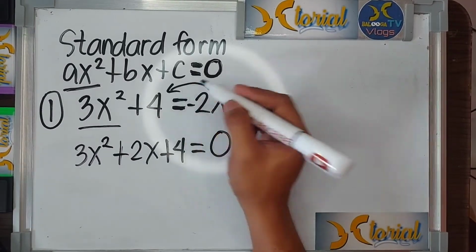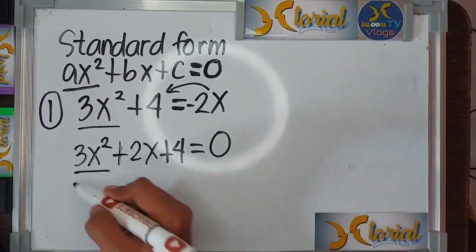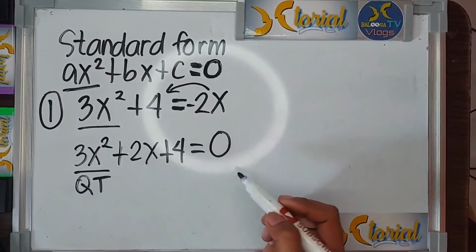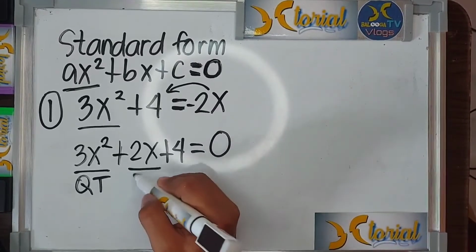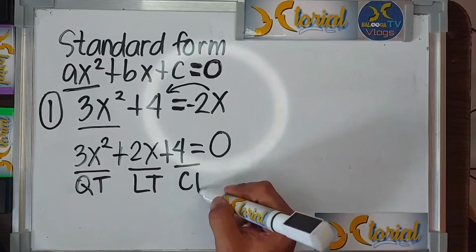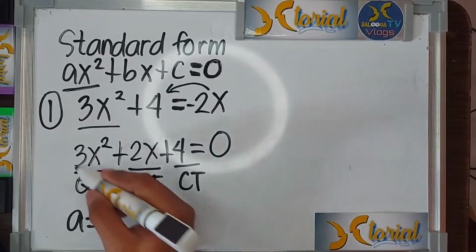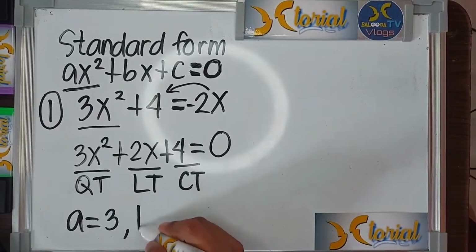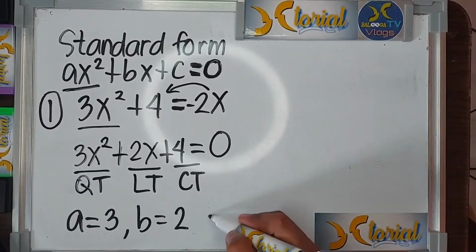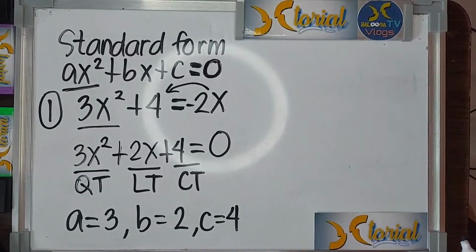Okay? So ang quadratic term natin ay 3x squared. Our linear term, we have 2x, and our constant term, we have 4. So ano yung a natin? A is equal to 3, b is equal to 2, and c is equal to 4.